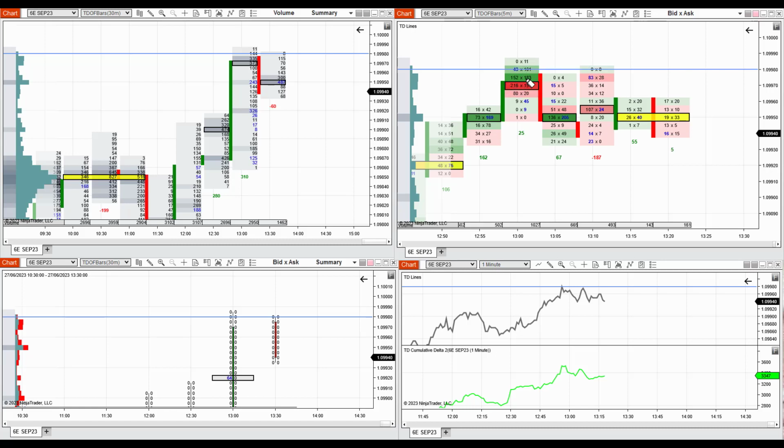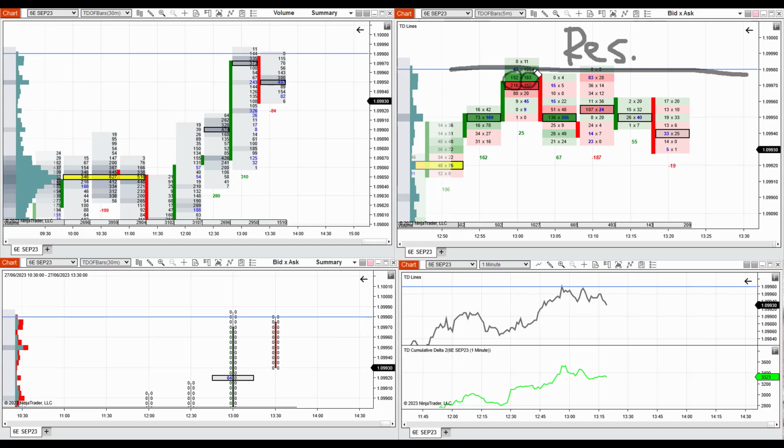Absorption is when the footprint has huge volumes on ask as well as on bid, and you need to see that around a significant resistance zone or support zone. In this case, this is a significant resistance zone, and the absorption took place at that level. So that made me jump into the trade because it confirmed that something is going on, that the big guys are jumping in, and that's why I jumped in as well.